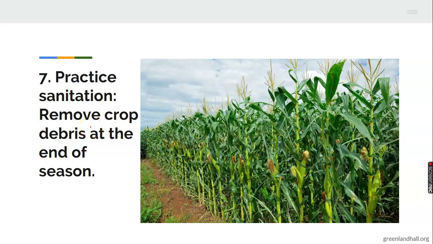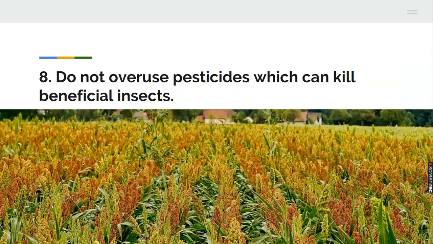So after you've harvested all the maize, you've taken the maize that you need, all the stalk, you have to cut them. Sometimes we still use them as manure, but after a while, you make sure that the ground is cleared of any waste, anything that may disfigure the farmland. So you must practice sanitation. Make sure that the farmland is clean.